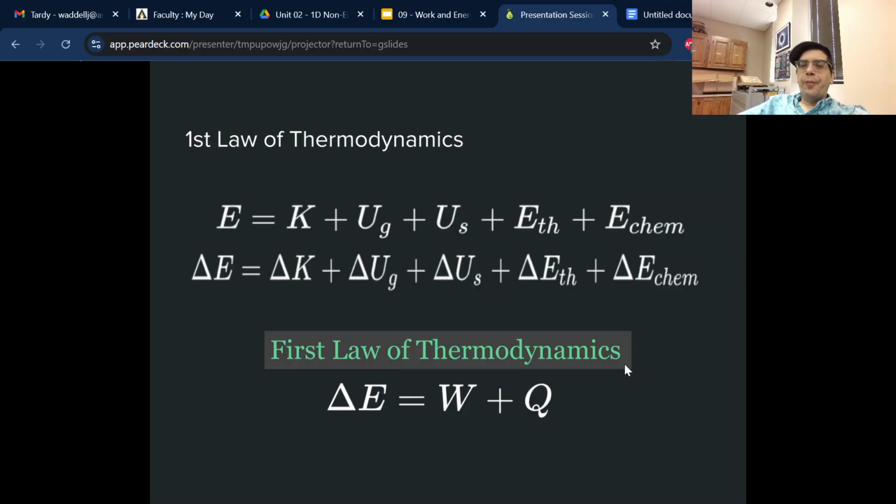The first law of thermodynamics is telling us how delta E is changing. So what's causing a change in energy? Well, it's if we have some work or we have some heat, or a combination. So putting these two things together, these are going to be our major equations for this chapter, basically.